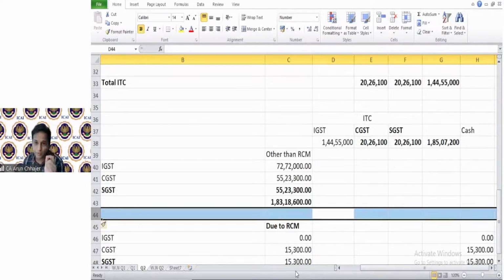Very, very important things. Please tell me how much liability I have to pay in cash under which head. Seems like the output tax itself is a huge amount.